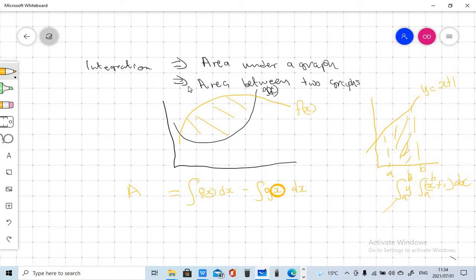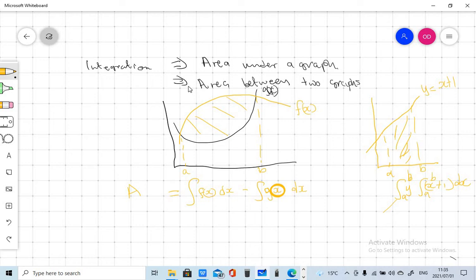Now here, you need to take into account that if you're finding the area between the graph of f of x and the graph of g of x, you need to first find the points of intersection of the graphs. Let's give these points of intersection the coordinates A and B. You're not integrating throughout, you're just integrating between the points where the graphs intersect.